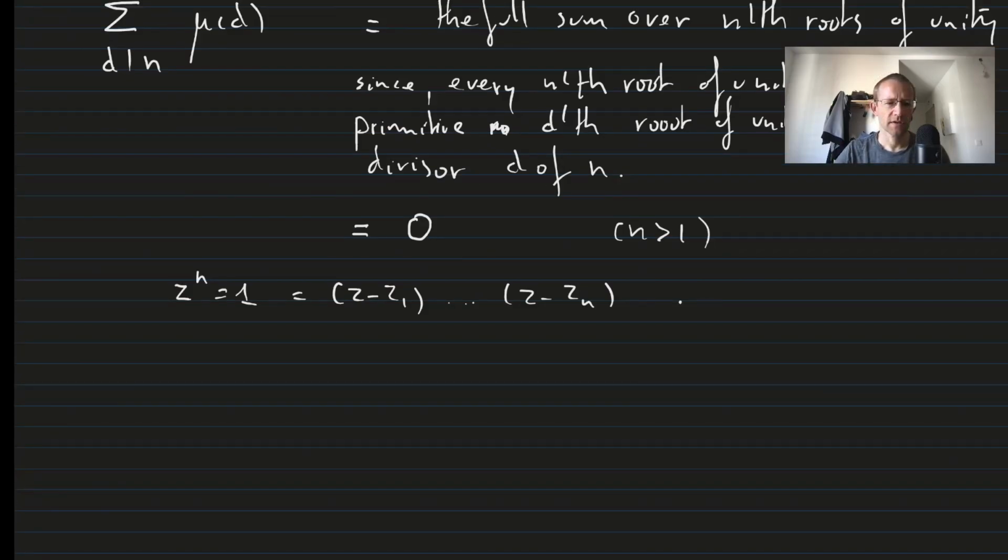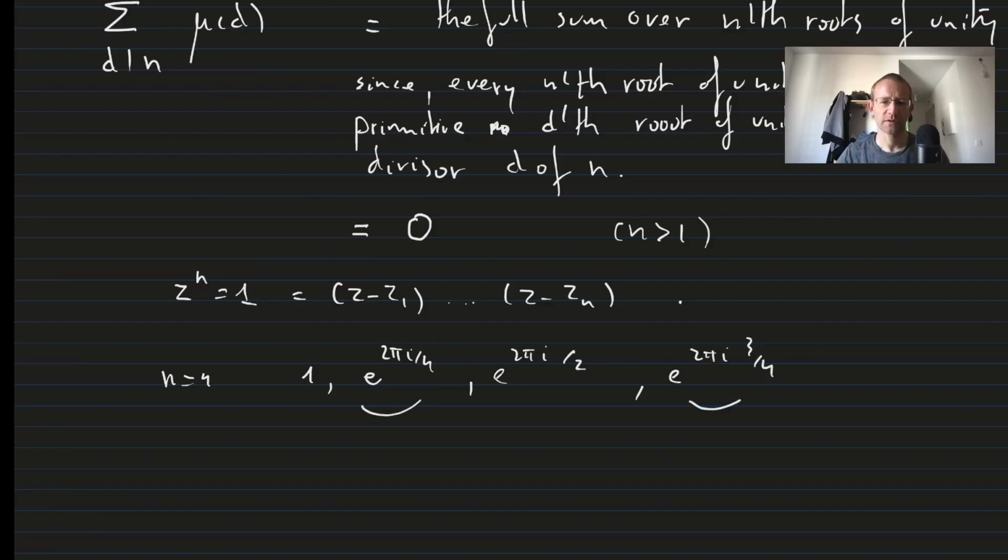To understand how this works, for instance, for n equal 4, what are the fourth roots of unity? 1, e to the 2 pi i over 4, e to the 2 pi i times 2 over 4, and e to the 2 pi i times 3 over 4. So these are the primitive fourth roots of unity.